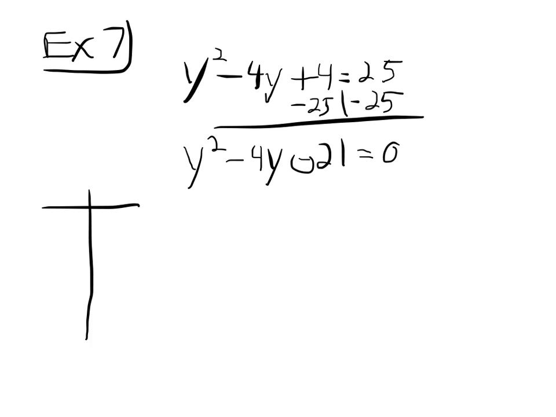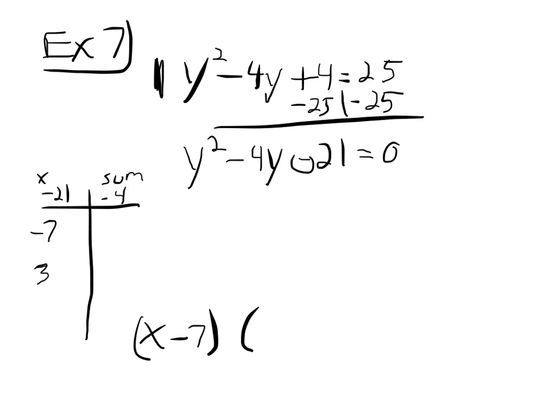So what multiplies to give me negative 21 and adds up to be negative 4, and the signs have to be different? The answer to this one is going to be negative 7 and 3. Because this is a positive 1 as a coefficient here, we would simply have y minus 7 and y plus 3.